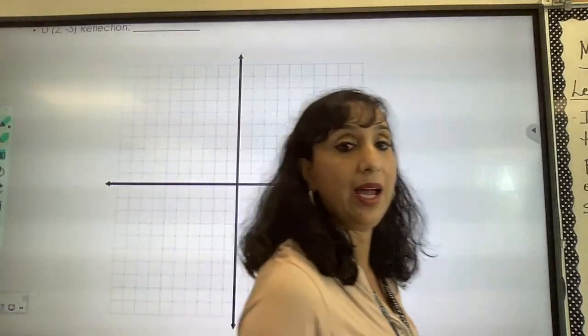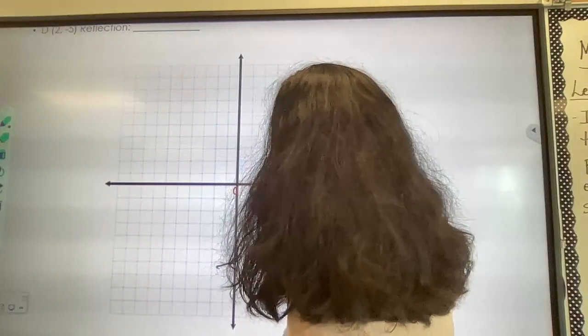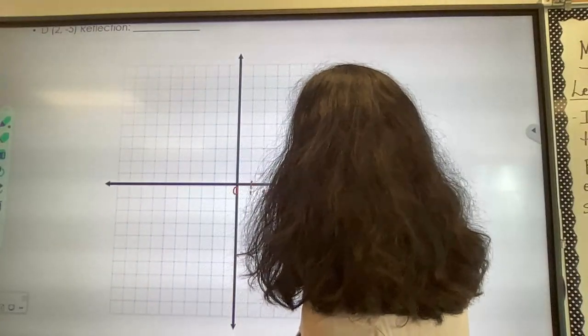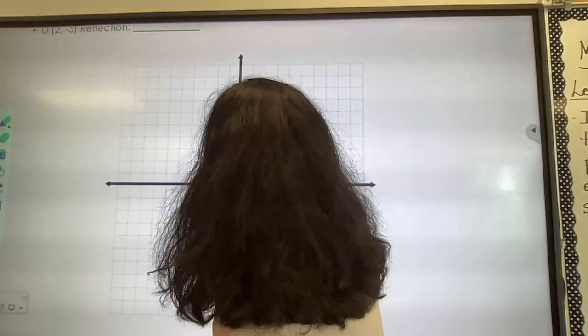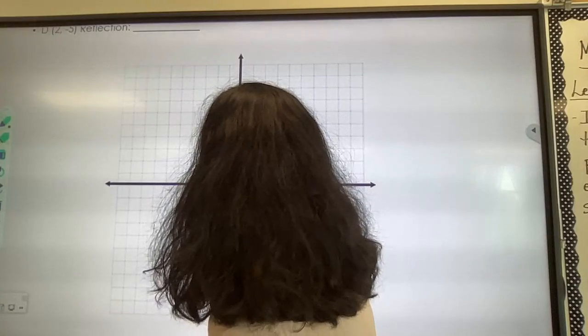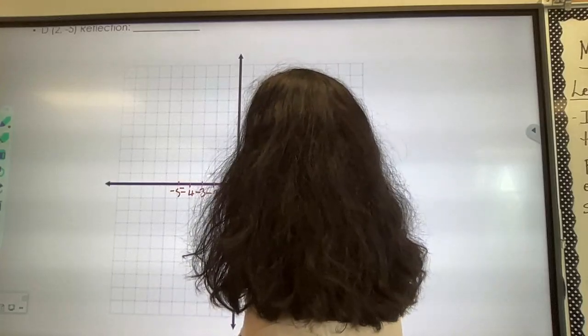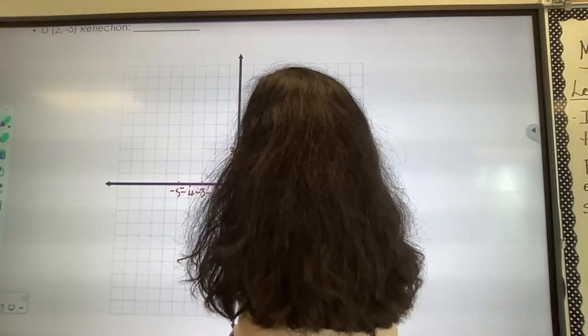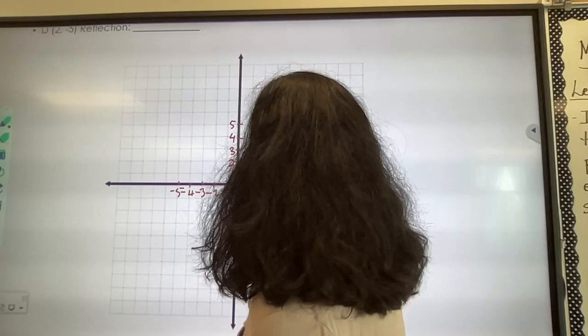All right, and let me first label this. This is 0 here, 1, 2, 3, 4, 5, etc. -1, -2, -3, -4, -5. On the top we have positives, 1, 2, 3, 4, 5, and then we have negatives down.